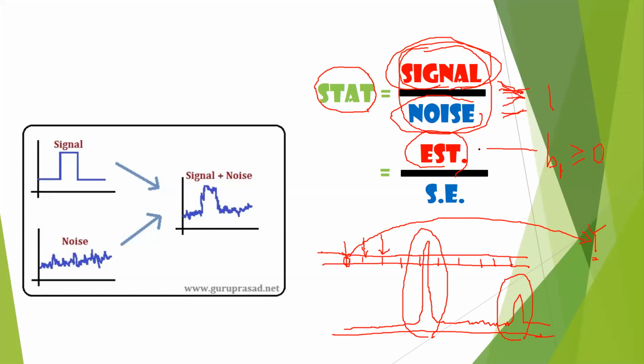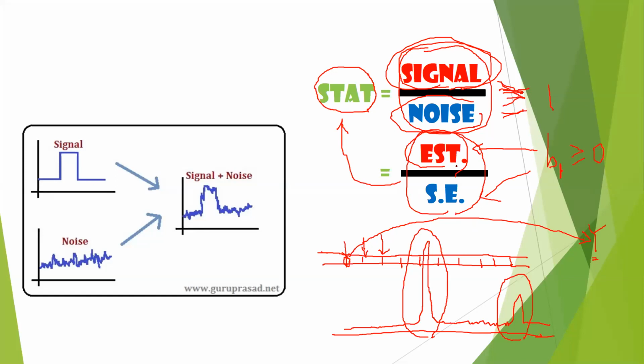First we get the estimation of B1, which is the numerator. We also calculate the standard error for this estimation. We use these to form a ratio, which is called the statistic.